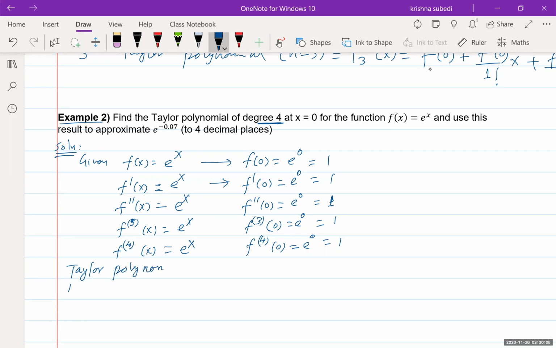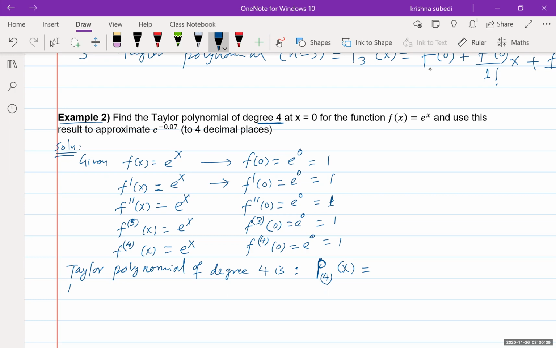The Taylor polynomial of degree 4 is P4 of x. I write 4 because P n of x is the nth degree, and since we want only 4, I just want to write up to 4 only, if that is okay with you.